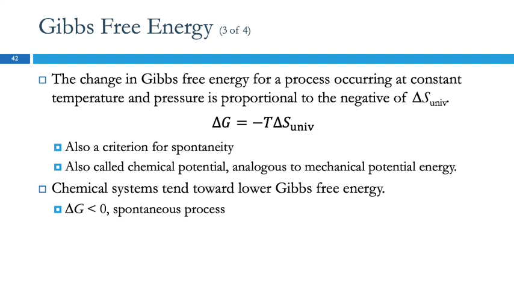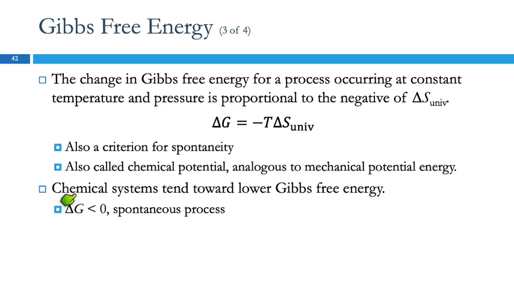Gibbs free energy is also called chemical potential. Chemical potential is equivalent or analogous to mechanical potential energy. So mechanical systems tend towards lower potential energy, right? Objects fall to the ground, they don't just spontaneously levitate. They fall because that lowers their potential energy.